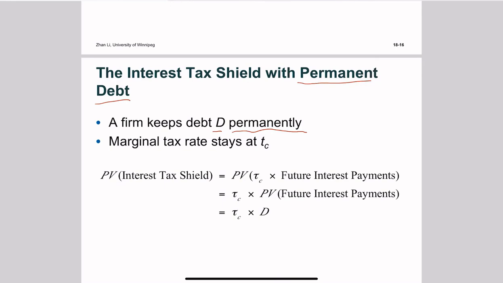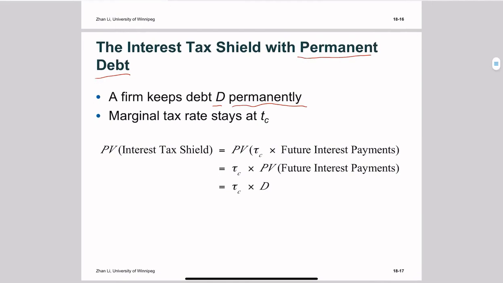You can see that it's actually very easy to find out how to calculate this. So basically, present value of interest tax shield equals present value of corporate tax rate times interest payments, right?